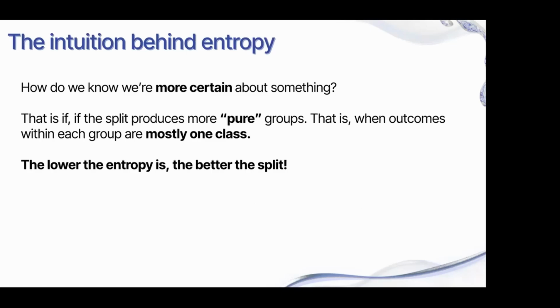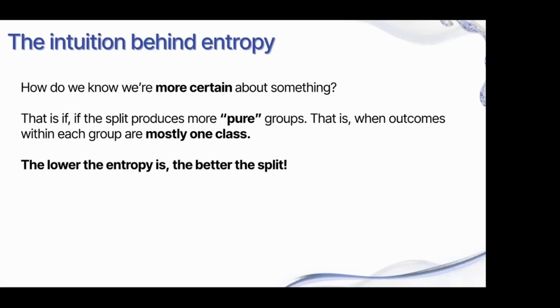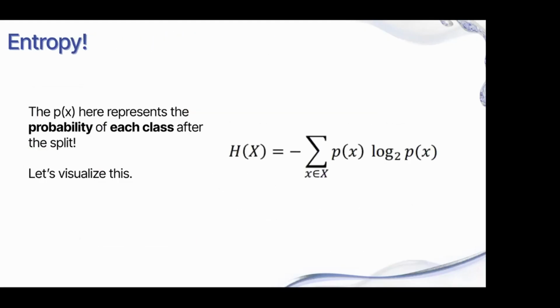So how do we know that we're more certain about something? You look at this number and go, okay, how am I supposed to interpret a number like 0.9852? Well, if the split produces more pure groups, like what you said before, then the outcomes within each group should be mostly one class. So if you look back at this formula, let's say in your group, you only have one kind of fruit.